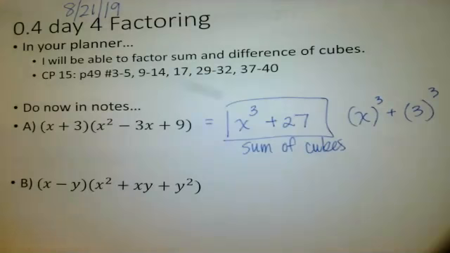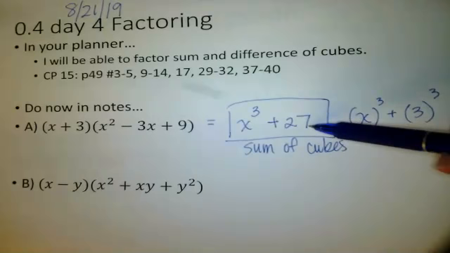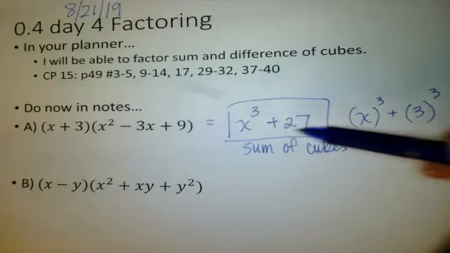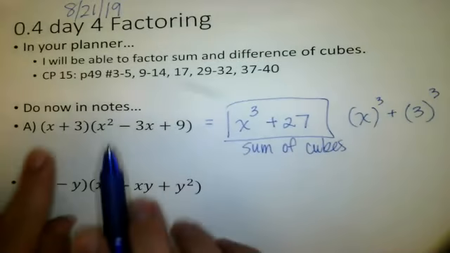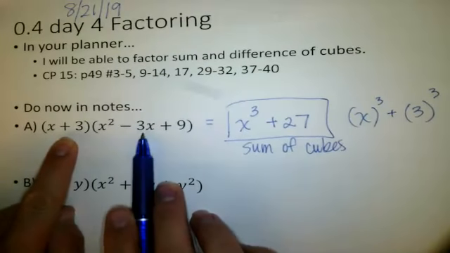It is literally called sum of cubes because it is a sum of perfect cubes. The nice thing is that if I asked you to factor sum of cubes, it's a pattern every single time.